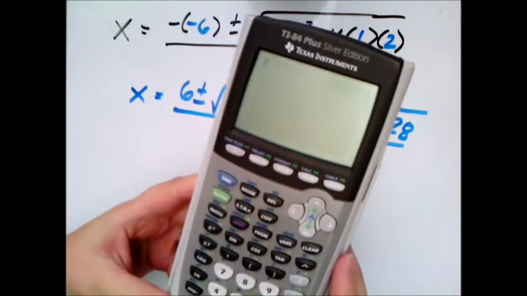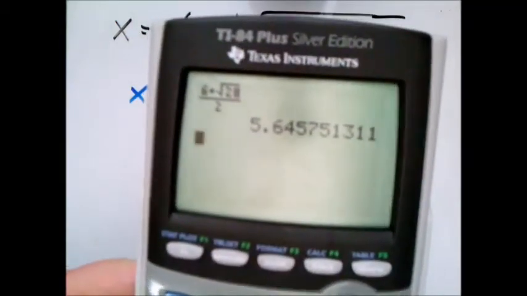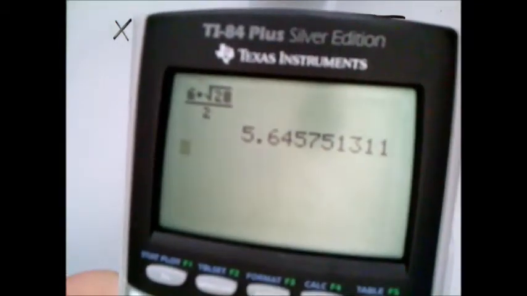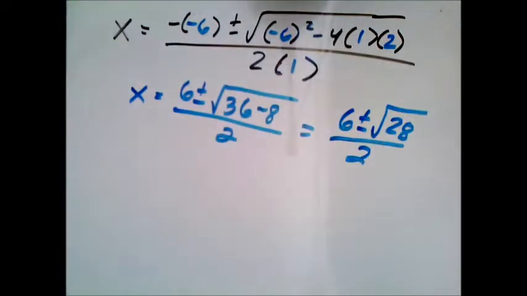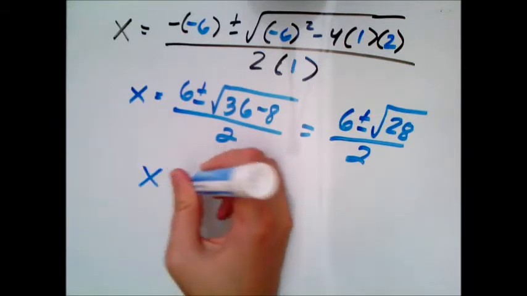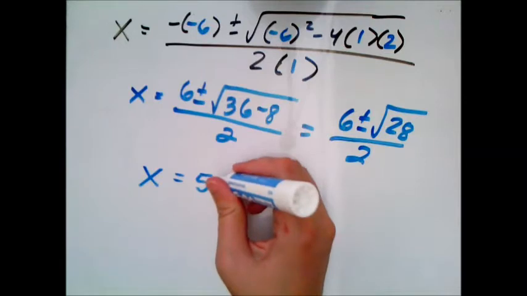So there's no reason I can't just go ahead and type what I have in here. You don't have to use the fraction menu, but it does make it a little easier sometimes to see what you're typing in. So it looks like one of them is about 5.65 seconds. This was when I did the plus, so obviously there are two choices here.